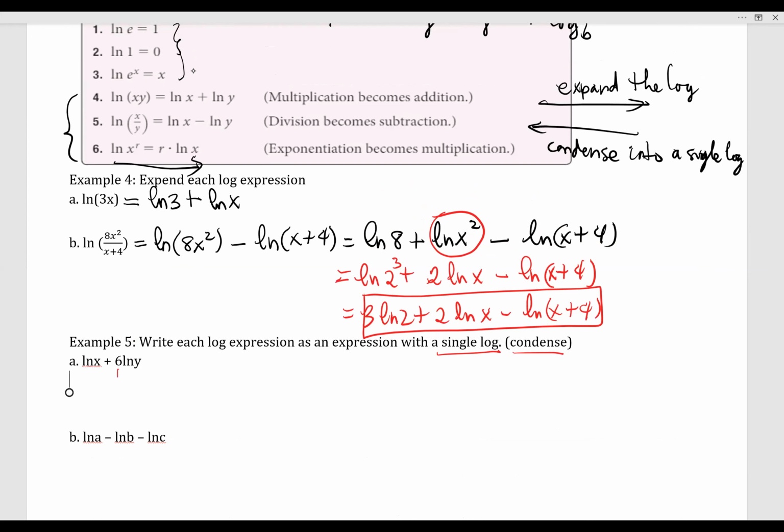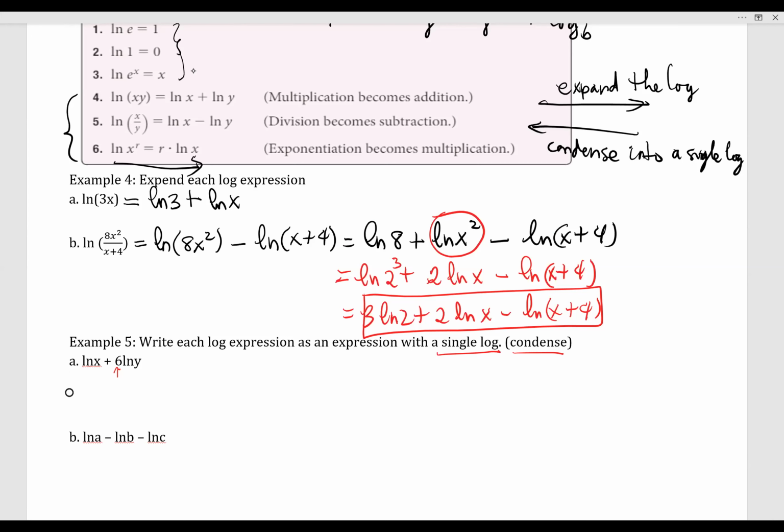But look at the second term here. I noticed that there is a 6 in front of the natural log. So I need to move it somewhere in order to make it just a natural log, and then I can combine it.